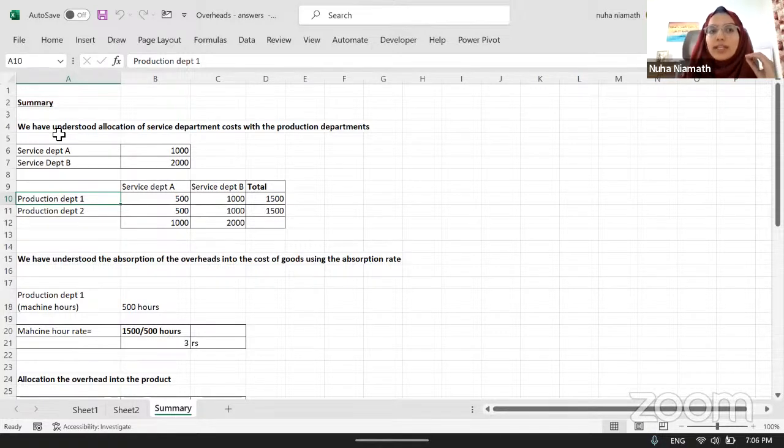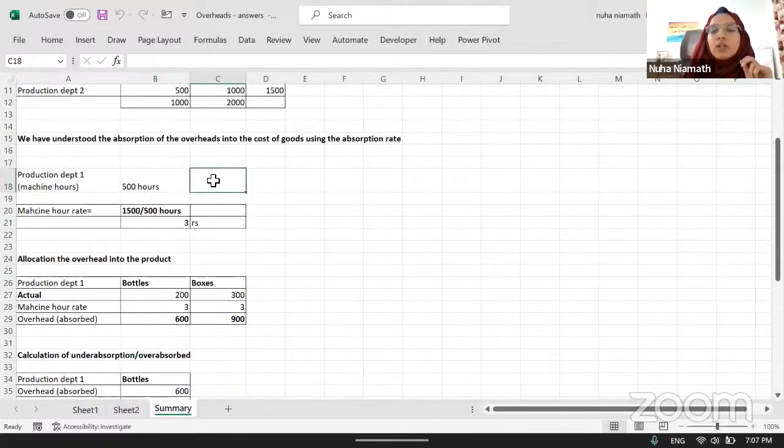So we have allocated service department A's cost between the two production departments as 500 and 500, and for service department B, the 2,000 rupees as equal cost between department 1 and department 2 as 1,000 rupees each. This will help us get the total production department overhead cost, because the production department is the final department that produces the final product. So that is the first thing that we learned about how to allocate the service department cost to the production department based on the ratio that is given.